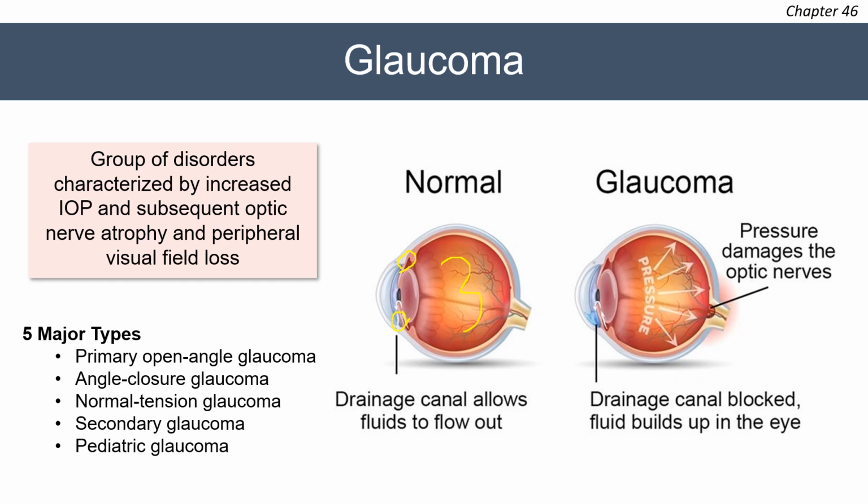With glaucoma, these little drainage canals here are either narrowed or they become blocked completely. So the aqueous fluid in the eye begins to build up. That buildup pushes on the optic nerve, which will cause irreversible damage to the eye.